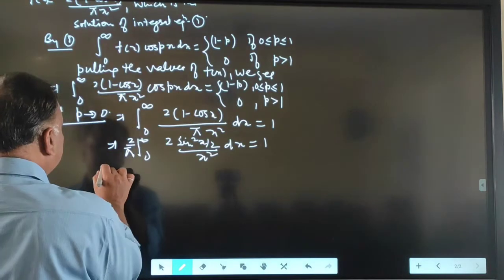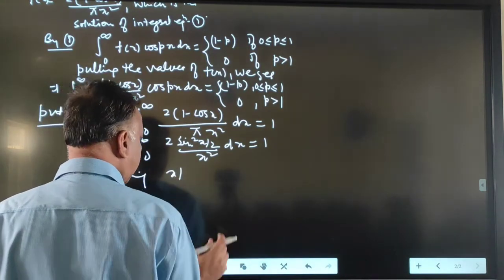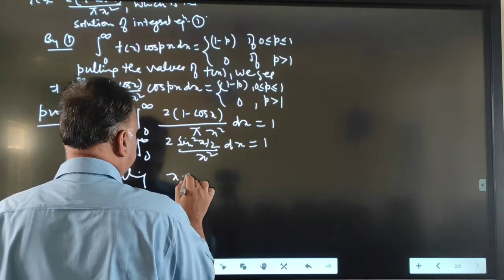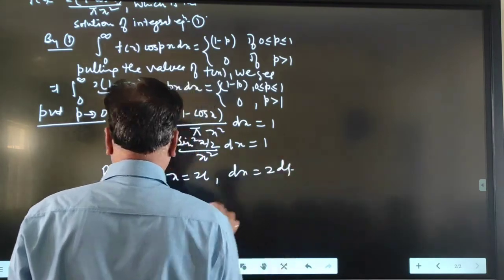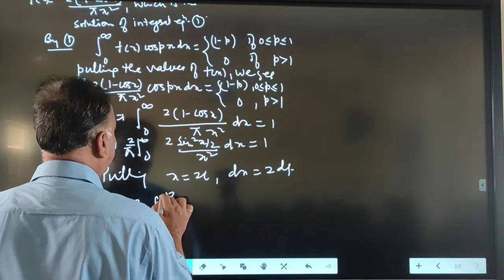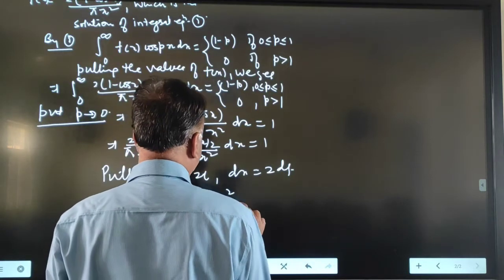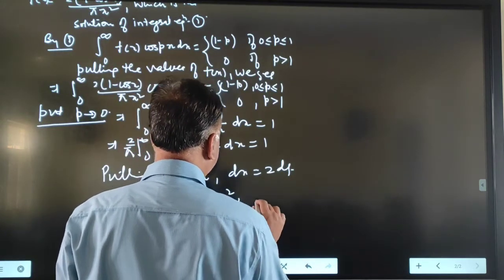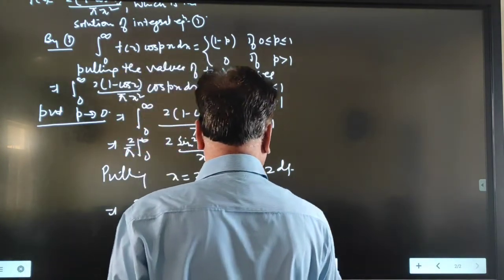By putting x by 2 equal to t, or rather x equal to 2t, we get dx equal to 2 dt. Then we get 2 upon pi integral 0 to infinity, 2 into sine square x by 2, that is t, upon x square, that is 4t square, into dx, that is 2 dt, is equal to 1.